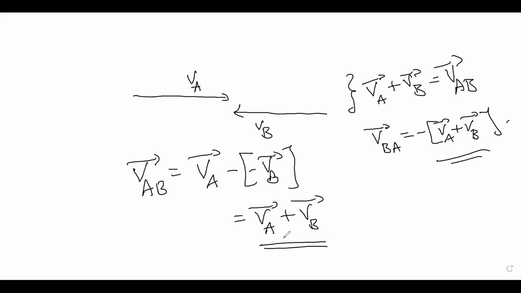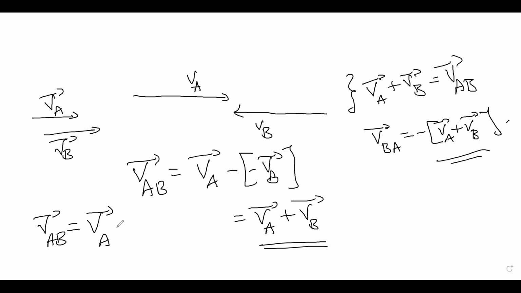This one you have to understand. When they are going in the same direction like this, VA bar and VB bar, VAB bar is VA minus VB. But actually what I have to write is with respect to ground.